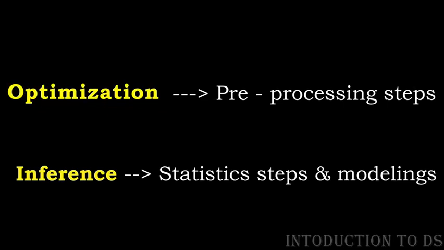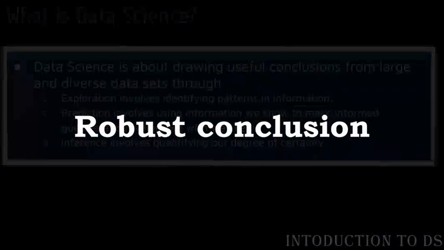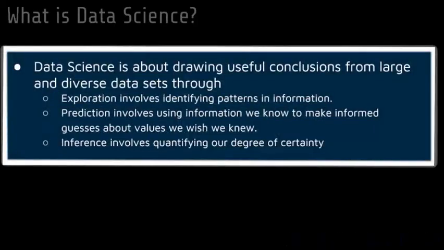Statistics is a central component of data science because statistics studies how to make robust conclusions based on incomplete information. We won't always get a complete data set, so there might be missing information in between, and we need to make robust conclusions. Computing is also a central component because programming allows us to apply analysis techniques to the large and diverse data we collect in real-world applications.